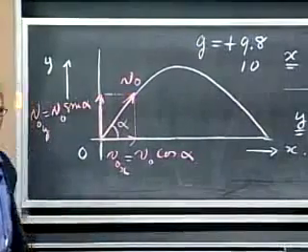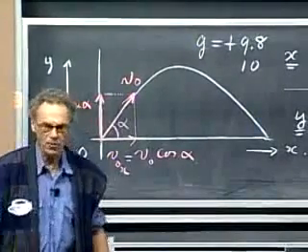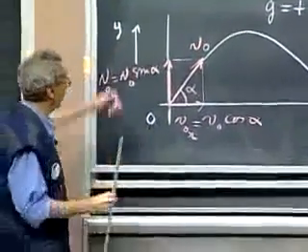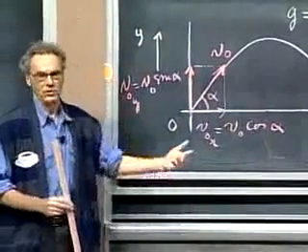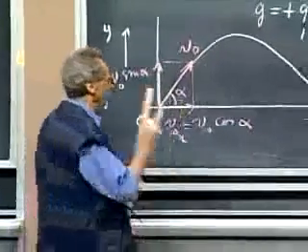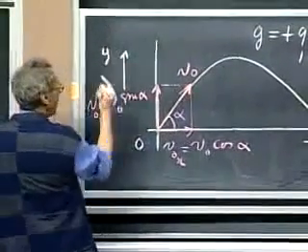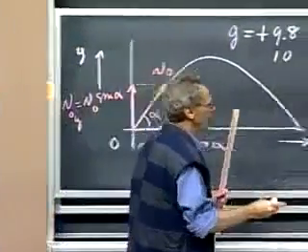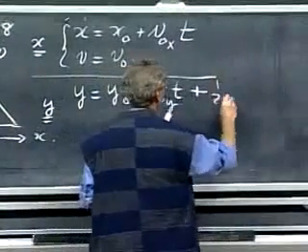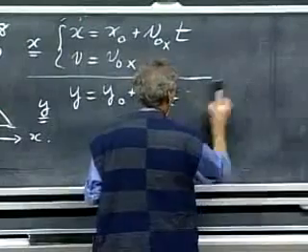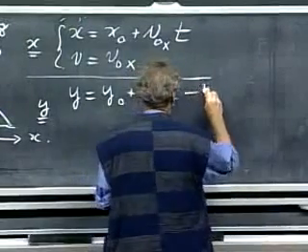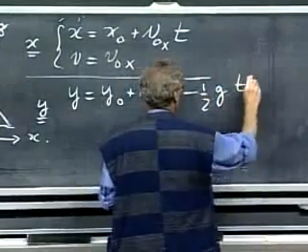Not, as some of you think, because the acceleration is down. That's not a reason, because I could have called this direction increasing y. Then it would have been plus 1/2 g t squared. So the consequence of my choosing this direction in which y increases is that the plus 1/2 a t squared that you would normally see, I'm going to replace now by minus 1/2 g t squared.